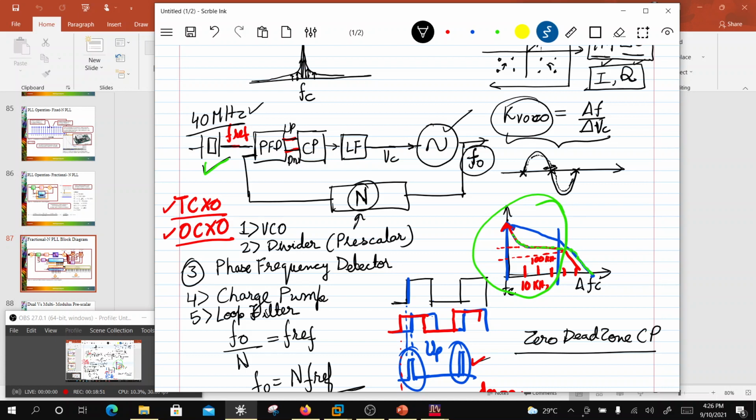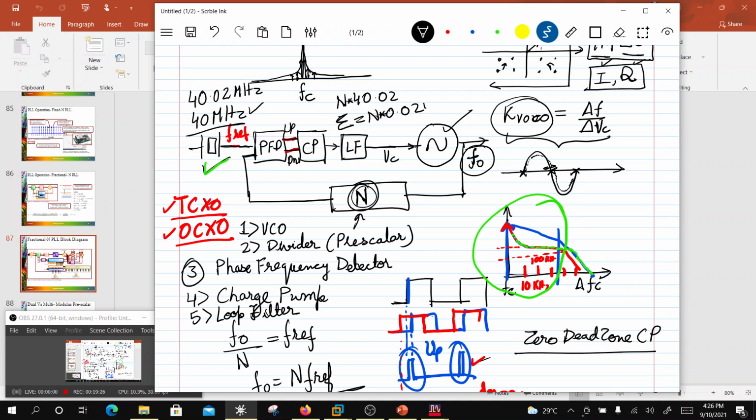Let's say over a period of time with aging, this crystal shifts in frequency from 40 to, let's say, 40.02 megahertz. If that happens, then depending on N, the change would be N times 40.02, and there is an error of N times 0.02.